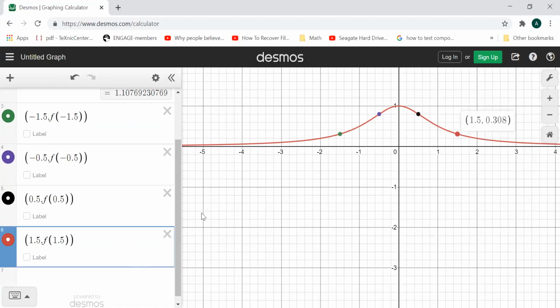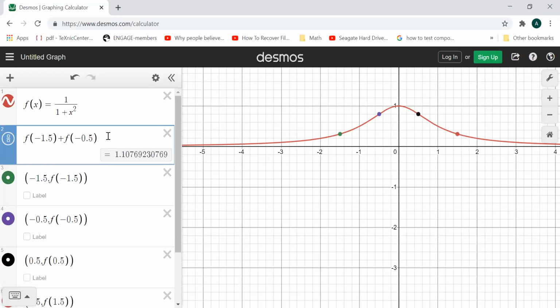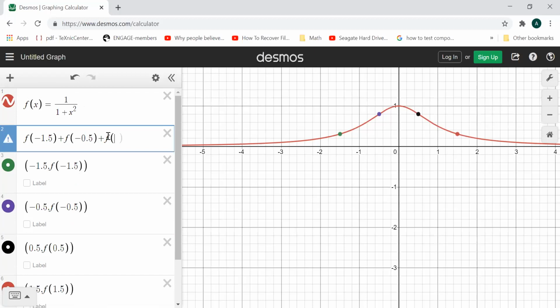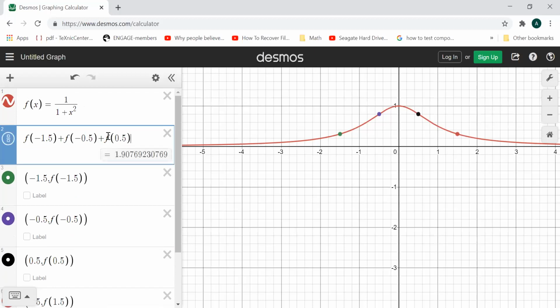So these are all four rectangles. Their heights are represented by the value of f at these midpoints. Again, the intervals are -2 to -1, -1 to 0, 0 to 1, and 1 to 2. We just add them up here on the second row: plus f of 0.5 plus f of 1.5.